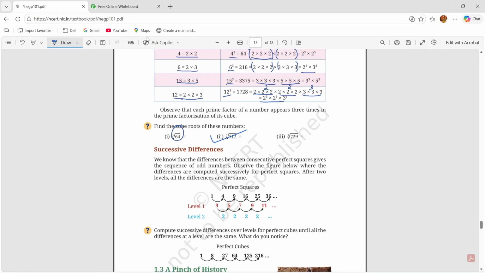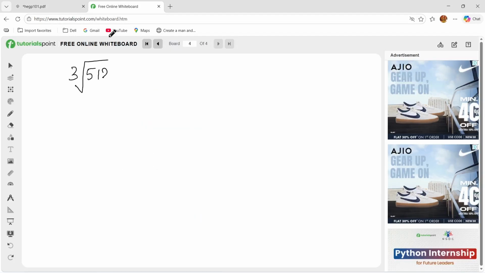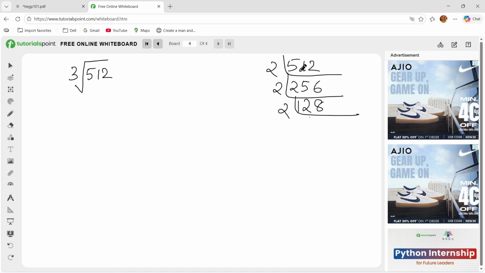Now what is the cube root of 512? Now we are applying prime factorization method. 512. 2 is at the unit place, so we know that 2 we need to take. 2 2s are 4, 6 twos are 12, 4 twos are 8, 3 twos are 6, 2 twos are 4, 8 twos are 16.